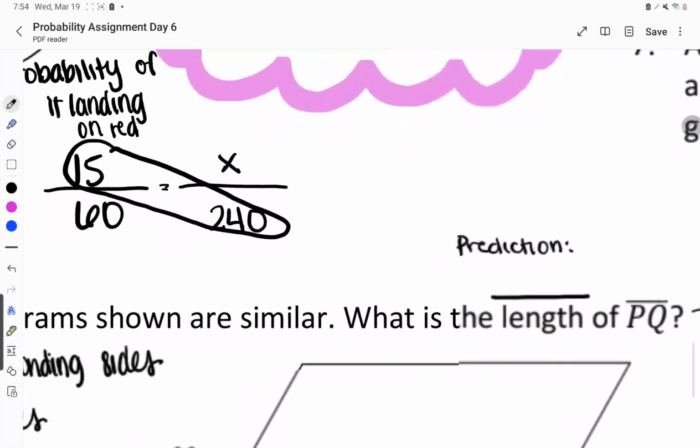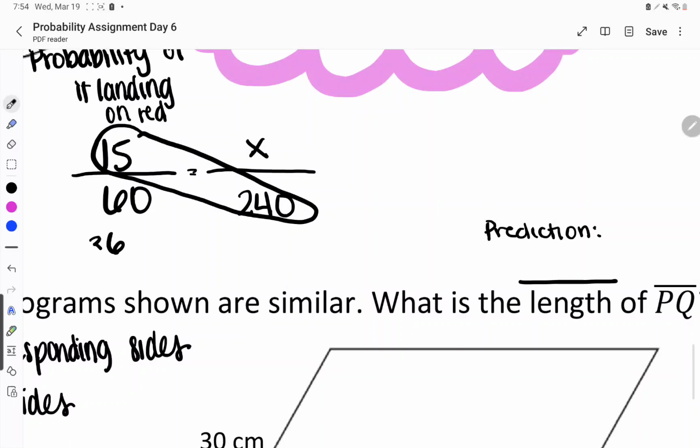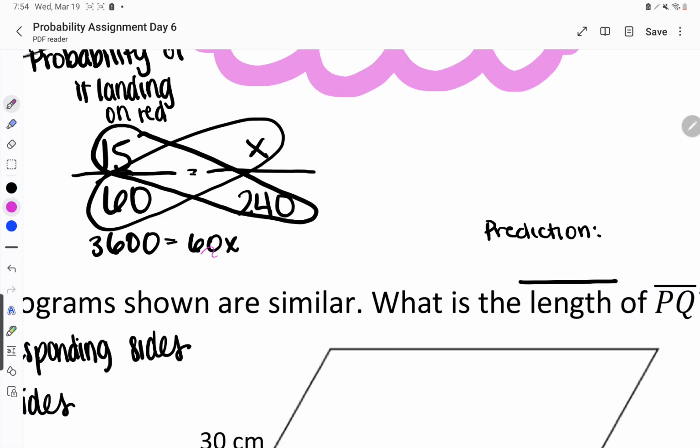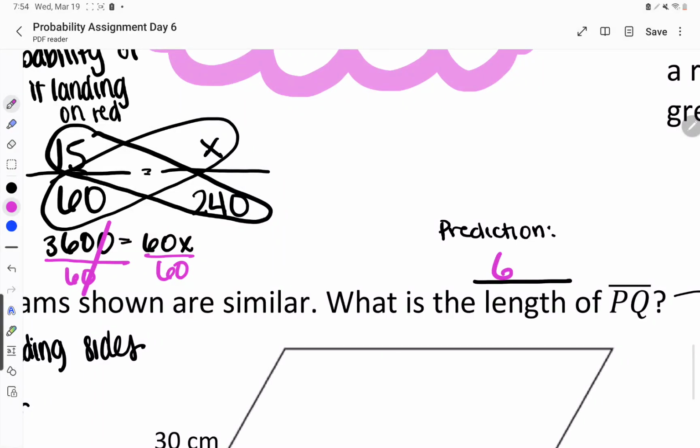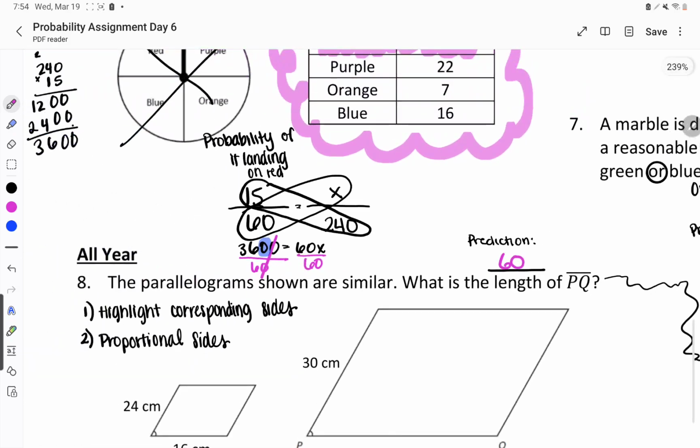That gives me 3,600 equals 60 times x, which is 60x. Divide both sides by 60. We're going to cross off this 0 right here, and then I have 36 divided by 6, which just gives me 6. And then I'll attach this little 0 onto the end, so 60 times.